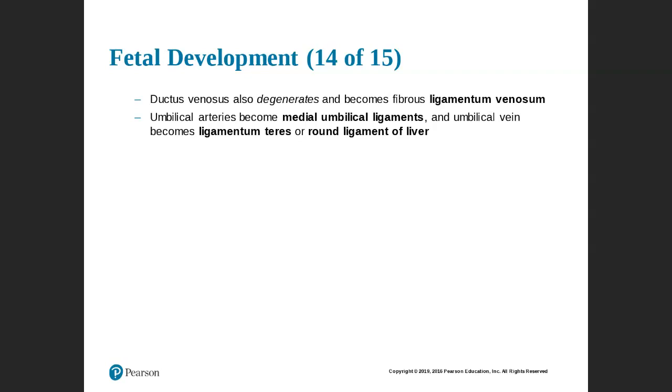Remember, you have your liver. Here's your liver. Let's see if I can draw it here. And you've got your umbilical vein, and the ductus venosus basically bypasses the liver and goes straight into the inferior vena cava.